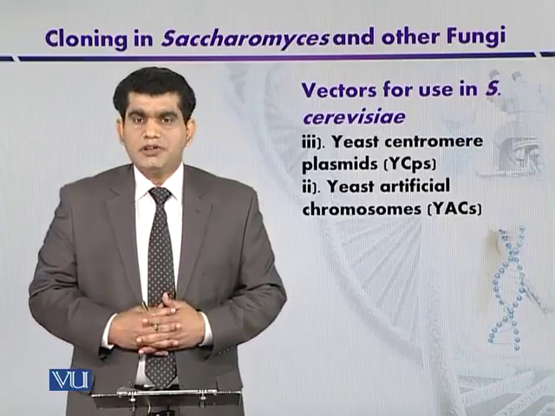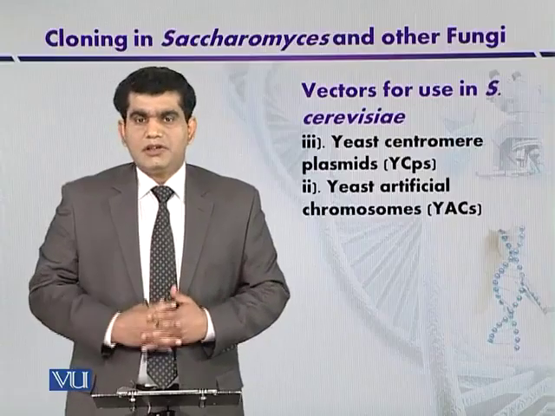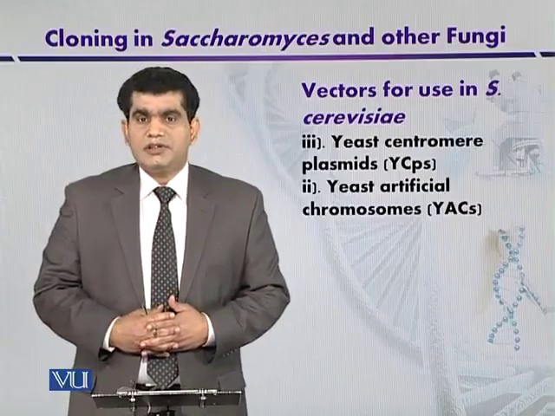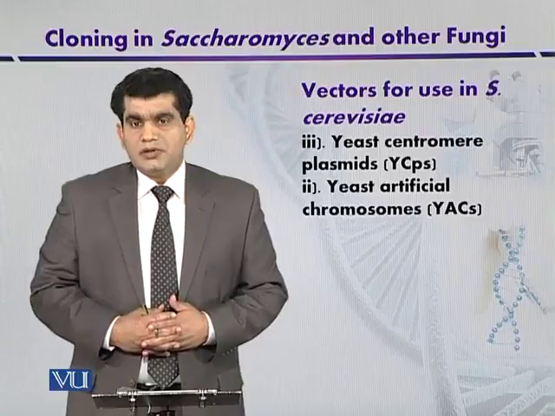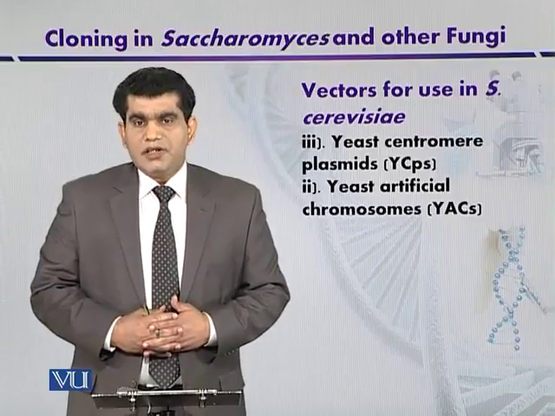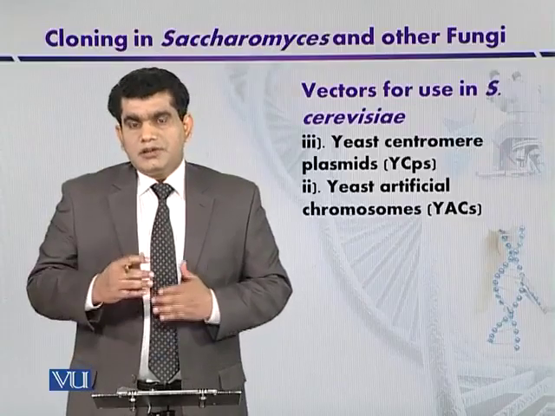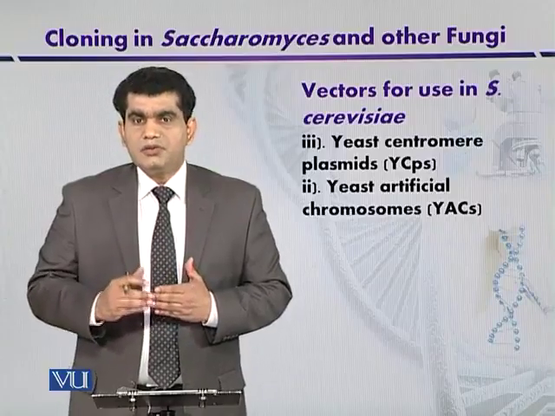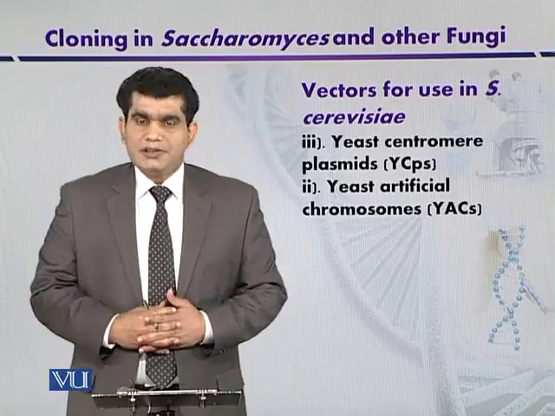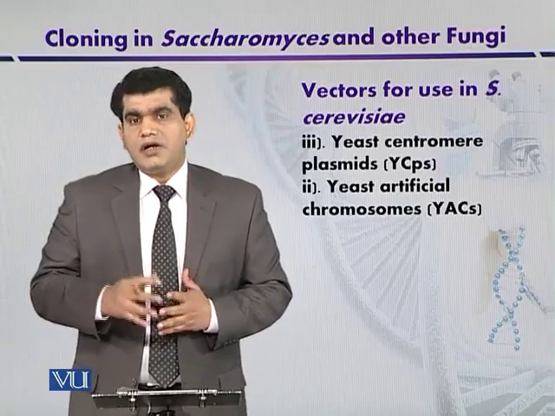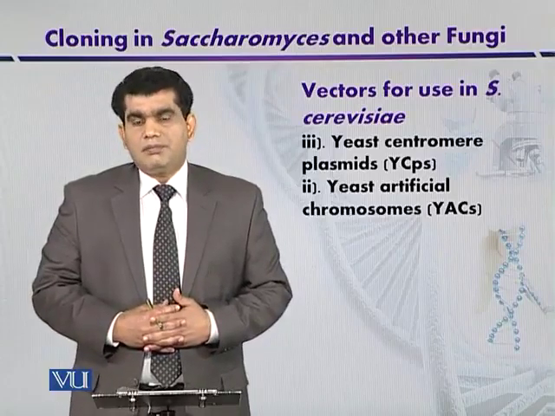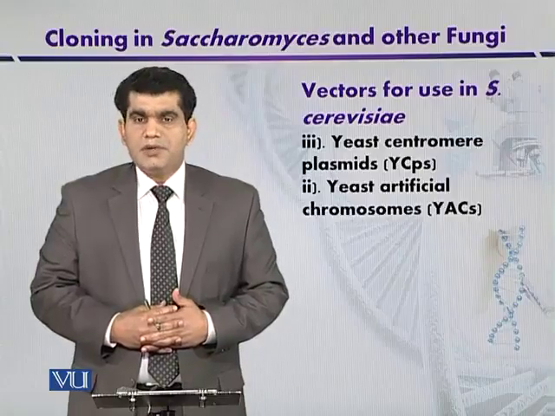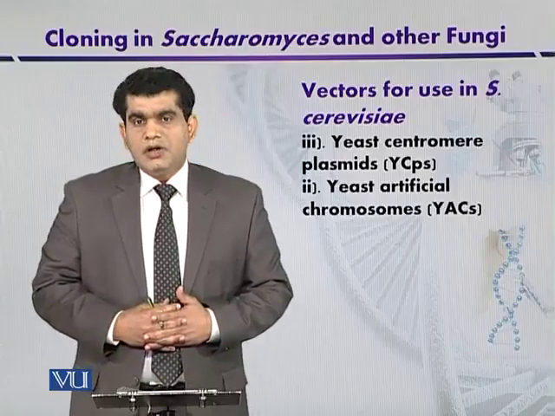But the most important one, or the example that we are going to focus on here, is the yeast episomal plasmids or YEPs. And this plasmid has been developed by using the origin of replication from another artificial bacterial plasmid that is called pBR322.